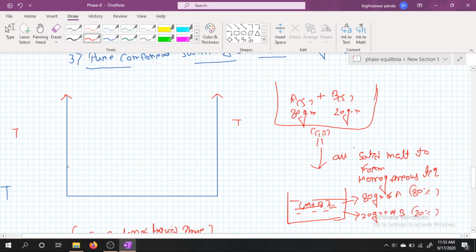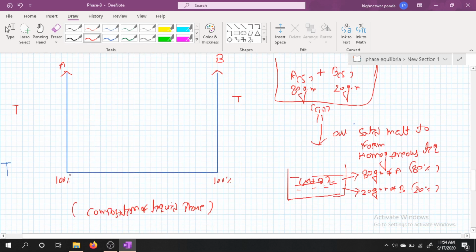So consider this y-axis line represents A and this represents B. When A is a pure component, that means composition of A is 100%, and B is a pure component, that means composition of B is 100%. When A is 100%, then B will be 0.